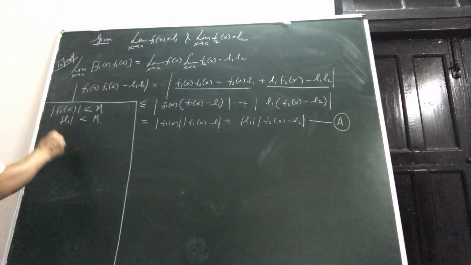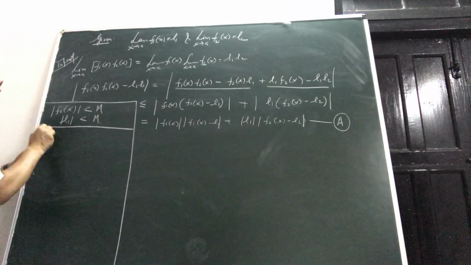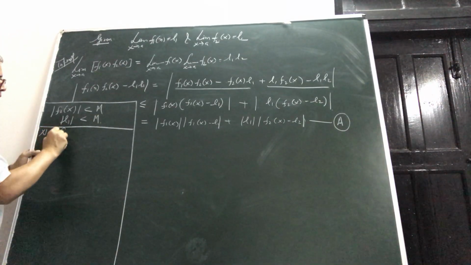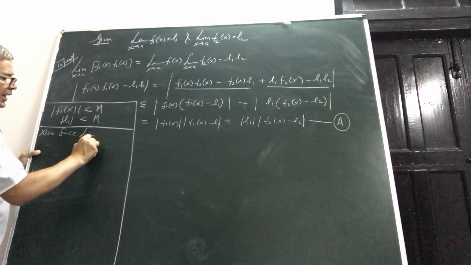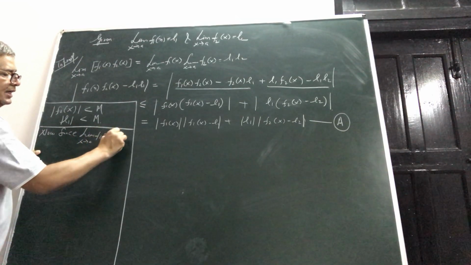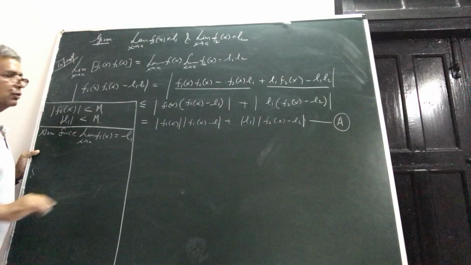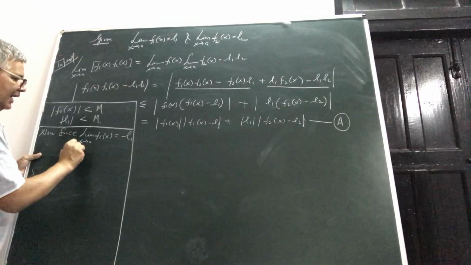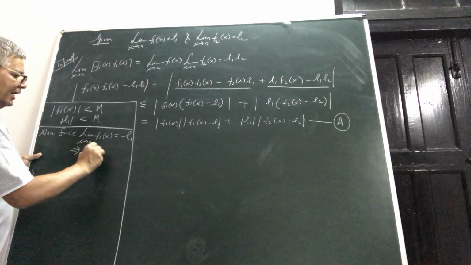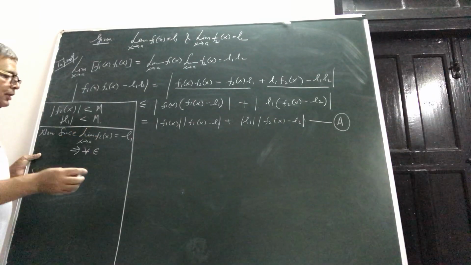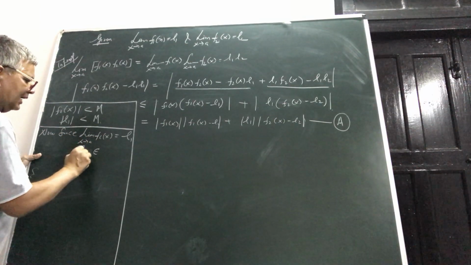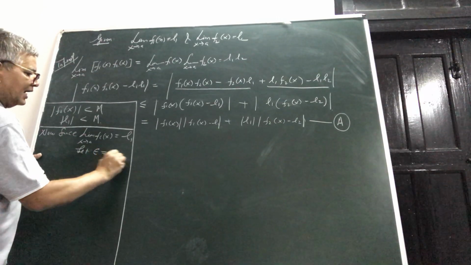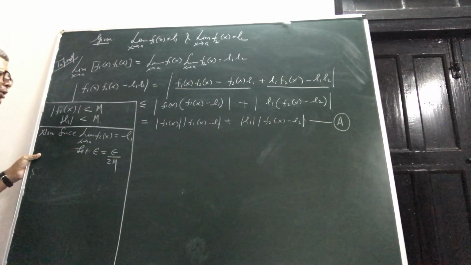Now since limit x tending to a of f1(x) is equal to L1, what does this imply? This implies that for every epsilon greater than 0, let epsilon be equal to epsilon upon 2m.